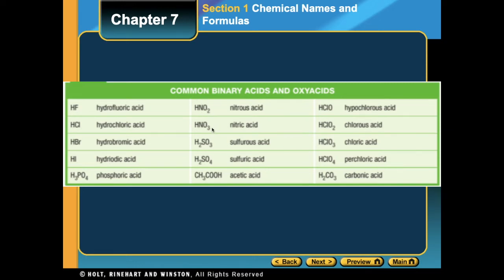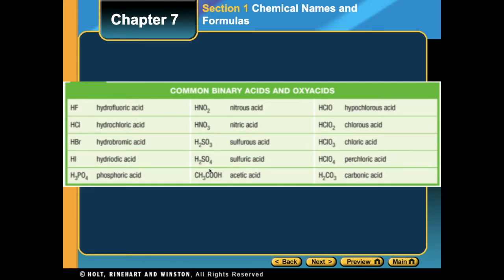So this would be like nitrite and nitrate, and when they're bound to a hydrogen, they turn into an acid, okay? So phosphoric acid, PO4, would originally have had a negative charge, and it would have been phosphate. But as it becomes bound to hydrogen atoms, it loses its charges, and it becomes an acid, right?